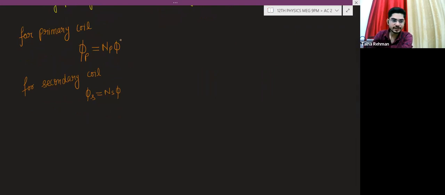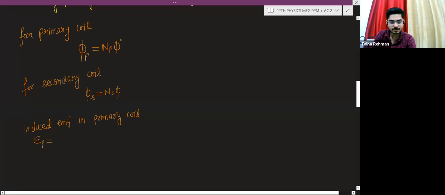So if I want to calculate the induced EMF in the primary coil, that is the induced EMF in the primary coil, given by minus of d phi p by dt.